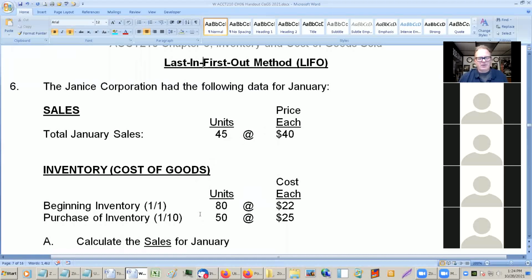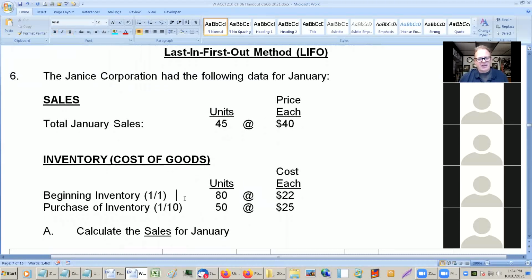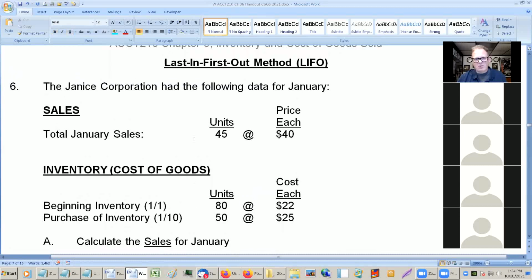If you made a sale on January 5th, there's no way it came from January 10th. You didn't jump in a time machine and go forward. So you're probably wondering, why would anyone use this?